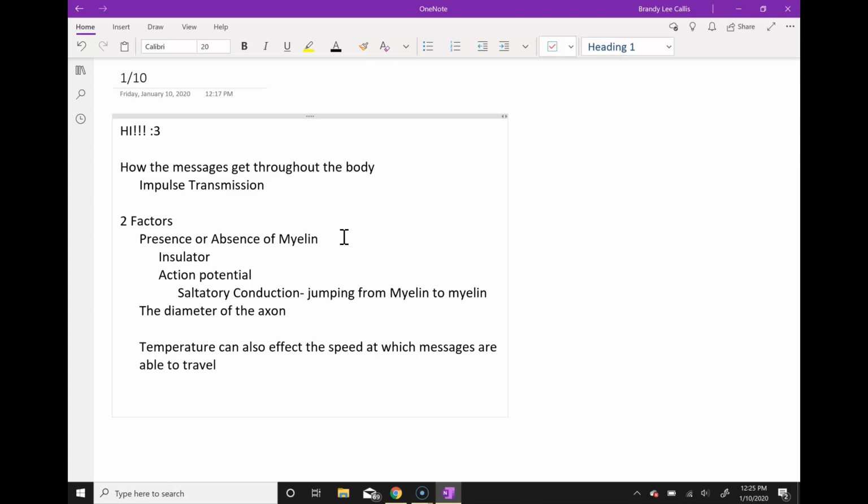Temperature can also affect the speed at which messages are able to travel. The colder it is, the longer it takes for these messages to actually move along the axons. Okay?